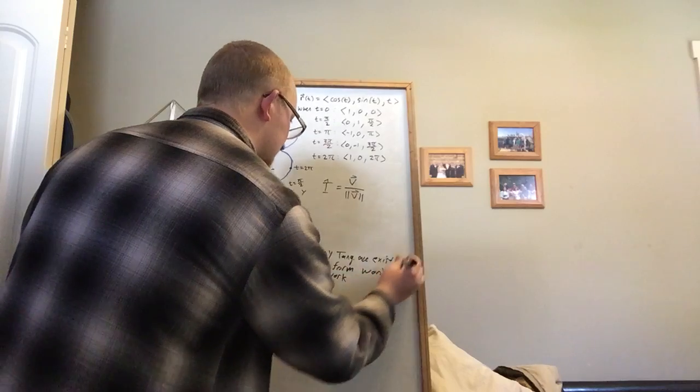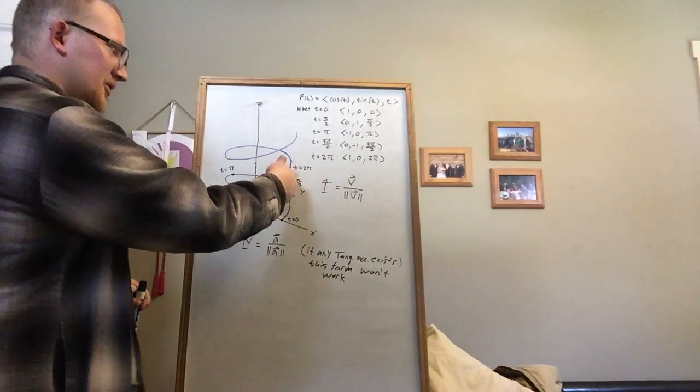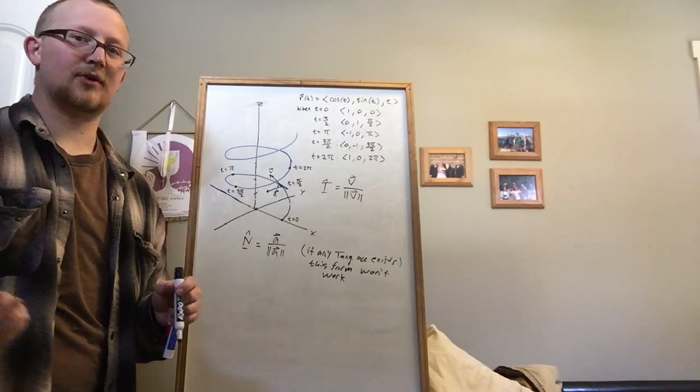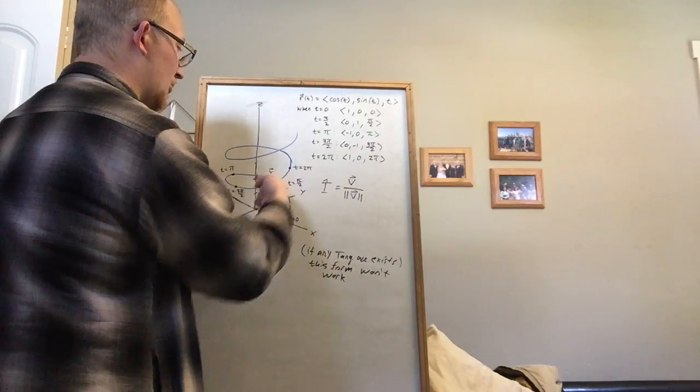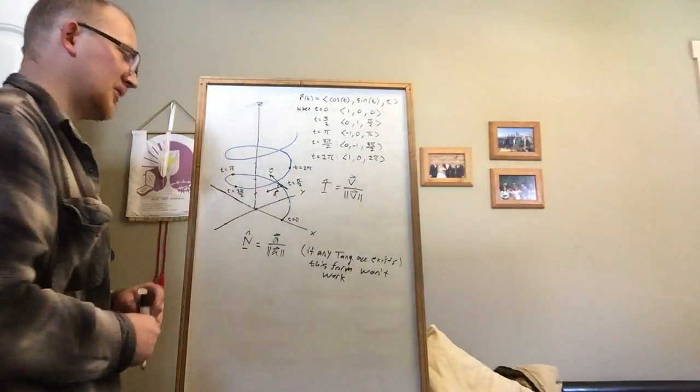Which is frustrating, because when you think about it, if there's just centripetal acceleration, it's always pointing in the normal direction. But the second you get tangential acceleration, now this isn't always pointing 90 degrees from velocity.